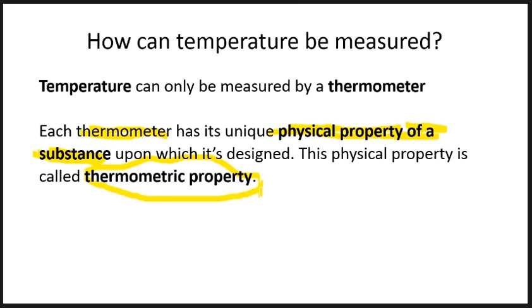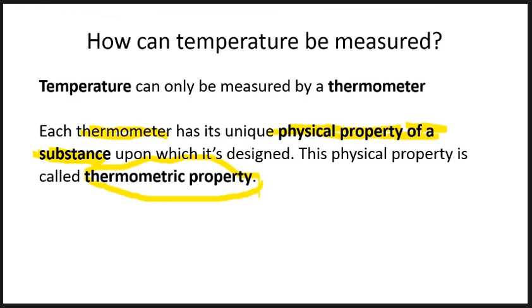This implies that each kind of thermometer most likely doesn't have the same kind of thermometric property or the same substance it is made of. And the thermometric property changes with temperature. So the way they respond is different with temperature.